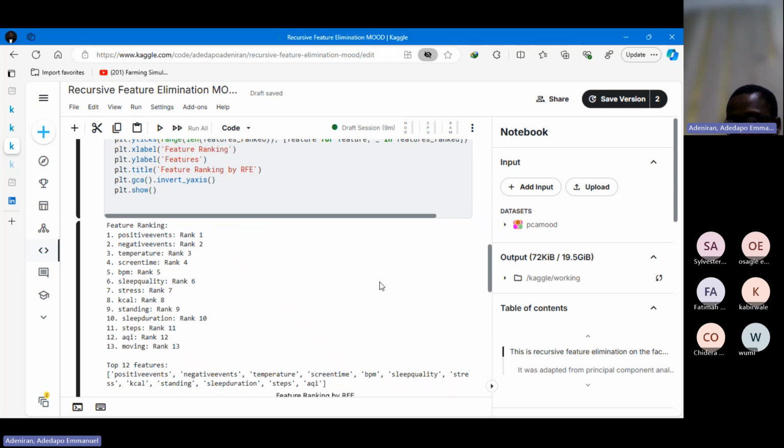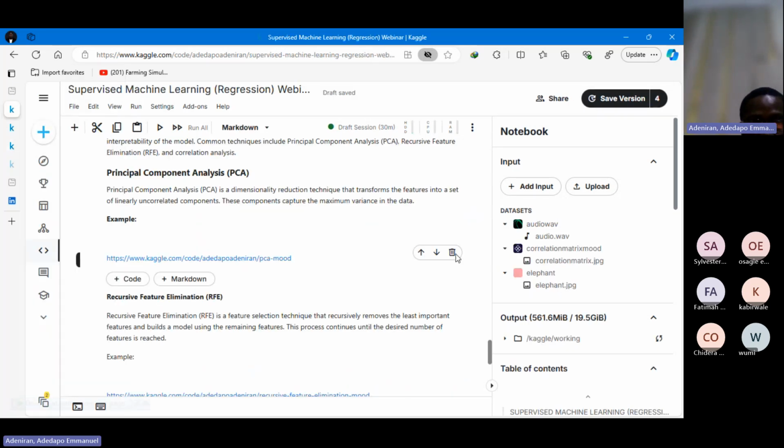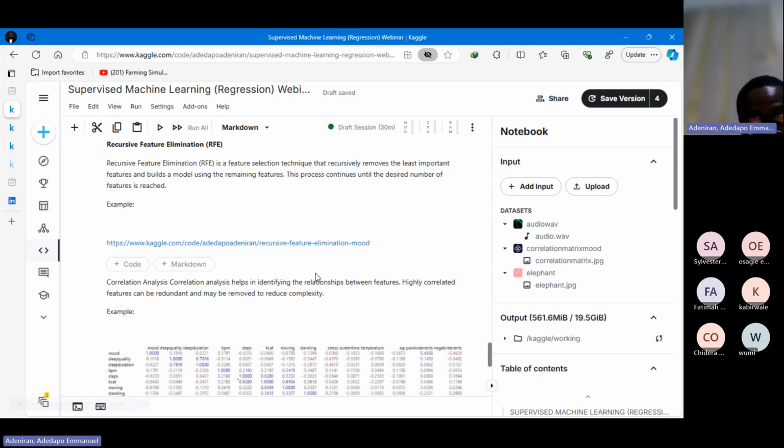You are going to be in a bad mood because you are not sleeping well. So your psychologist has domain knowledge. You need to go and meet somebody that has domain knowledge to guide you on the features that you should eliminate. Now, the third common method for feature selection is called correlation analysis.